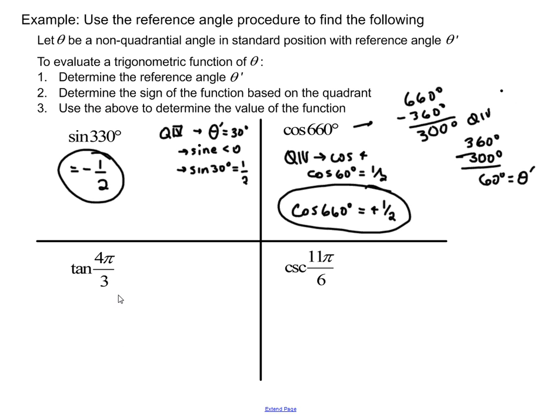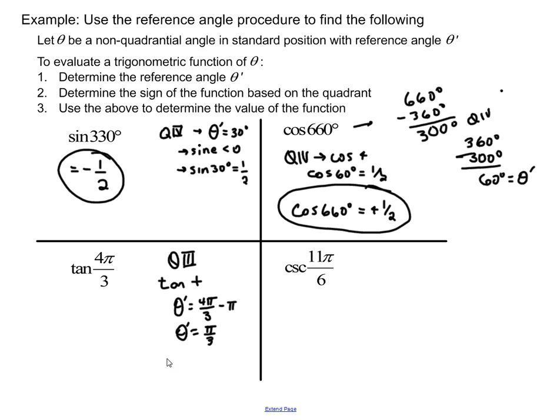So cotangent of 4 pi over 3, we know we're in quadrant 3, which means that the tangent is going to be positive in quadrant 3, and that our reference angle, theta prime, was equal to 4 pi over 3 minus pi, which we determined before by subtraction to be equal to pi over 3.